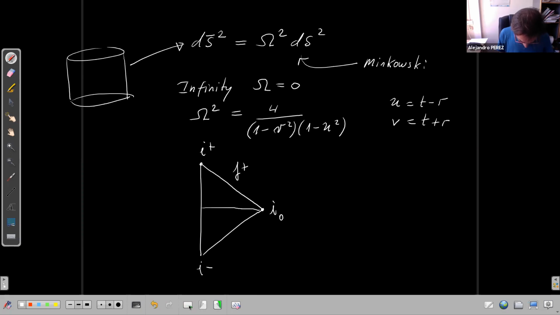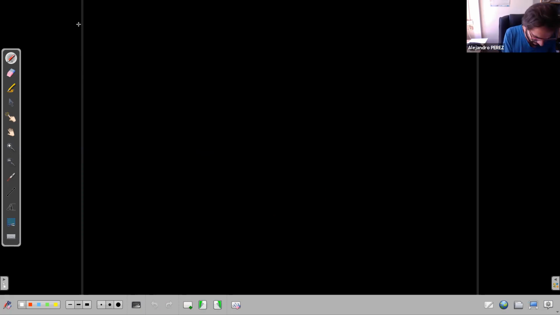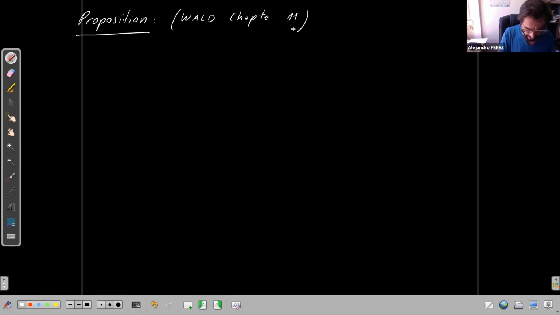And that is given by the following proposition, which I've taken from Wald, chapter 11, when they discuss asymptotic flatness.